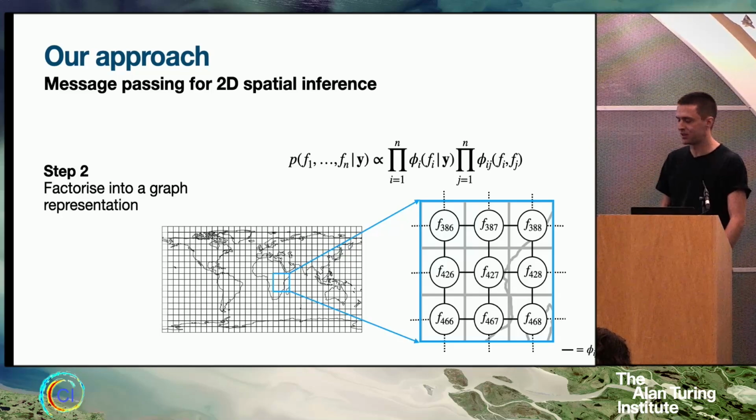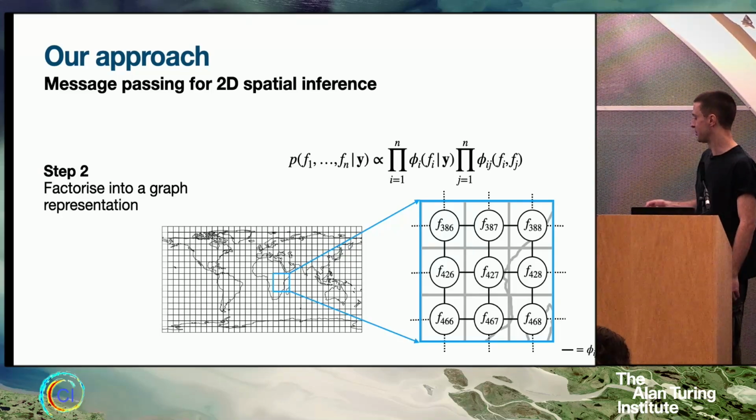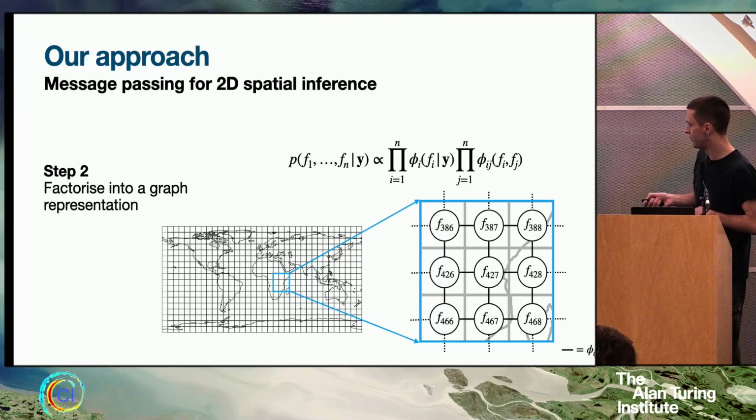From this, we factorize it into this graph representation. This is a simplified version of the graph. You can see we've got all of the weather variables here, and then we've got these edges between them. These edges encode the relationship between adjacent weather variables in the SPDE.